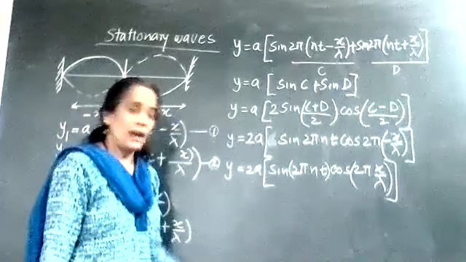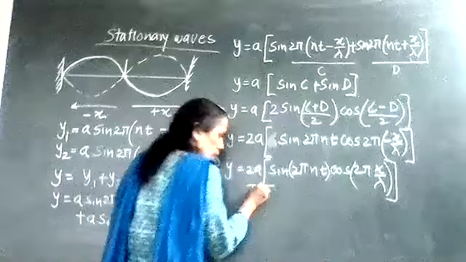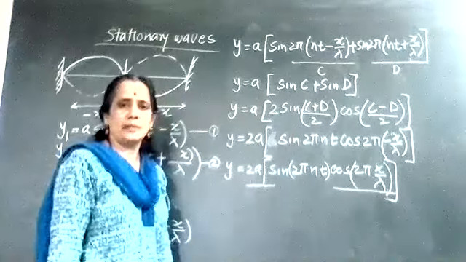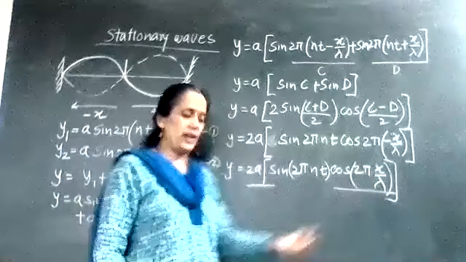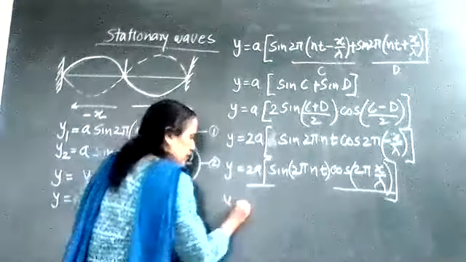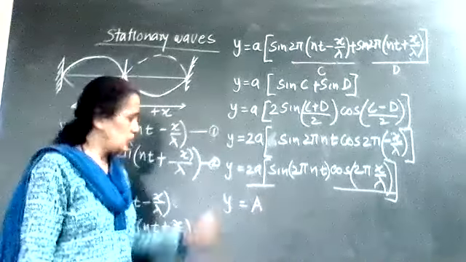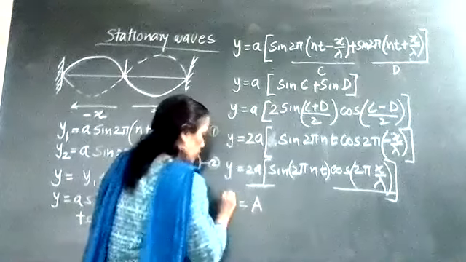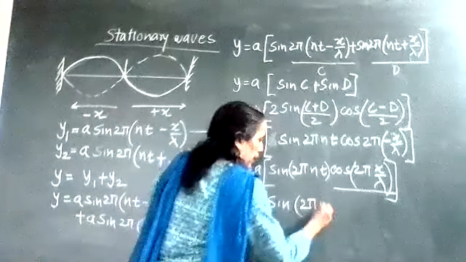Right? And now I am going to concentrate on the term 2a and this cos term, 2a into cos of 2 pi x upon lambda. Instead of that, now I am going to write capital A. So I'll write the equation y is equal to capital A into sine of 2 pi nt.